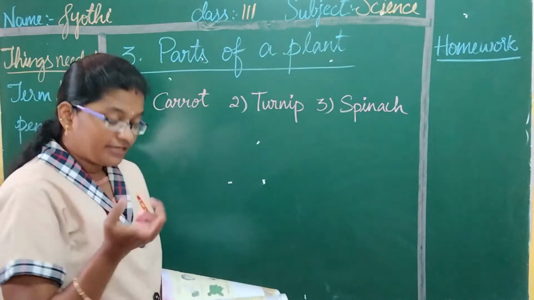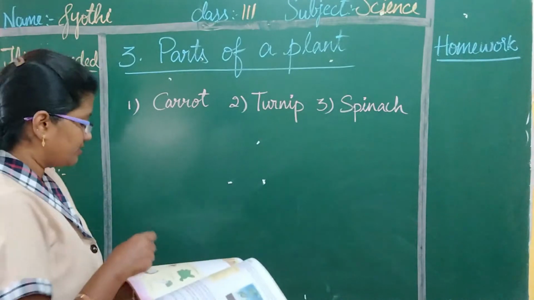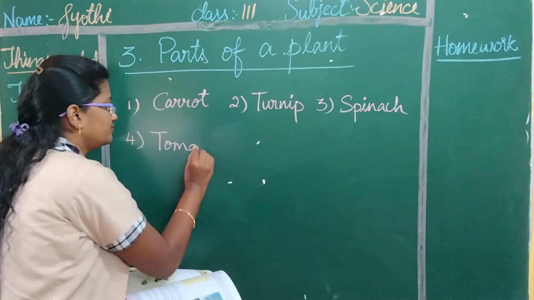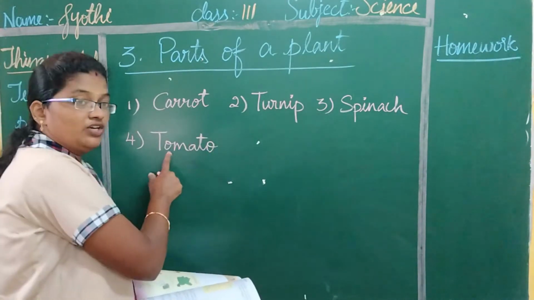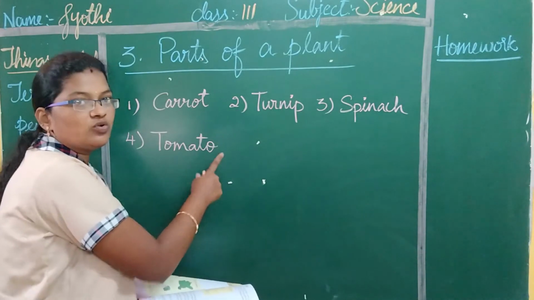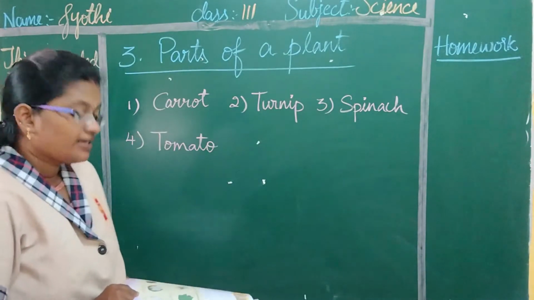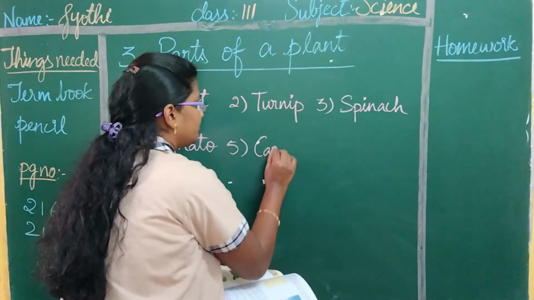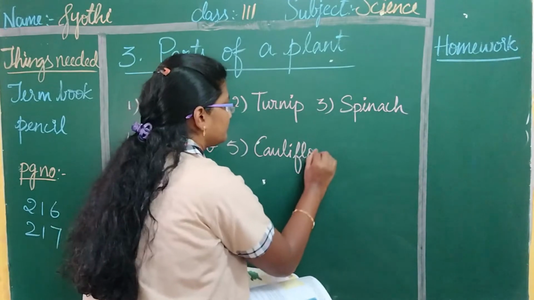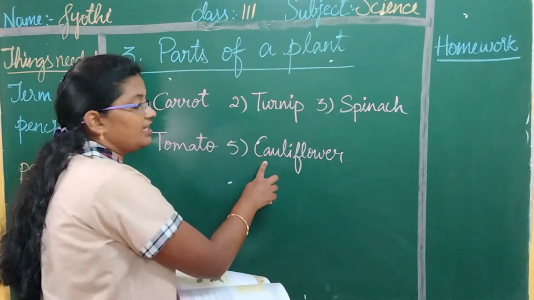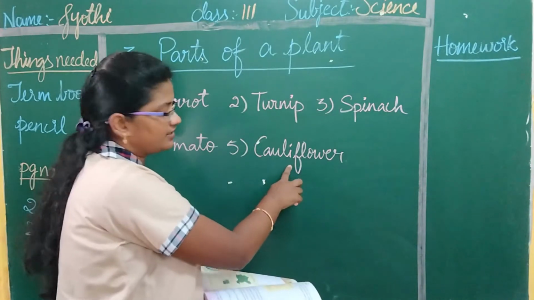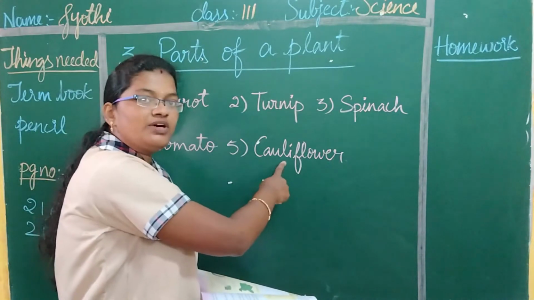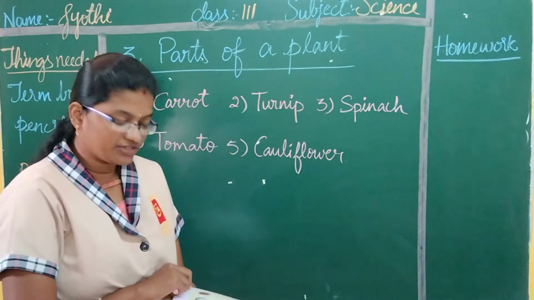S-P-I-N-A-C-H. Then below that, again you have another 3 pictures. Yes, the next one is tomato, T-O-M-A-T-O, tomato. And the next one, the fifth one, is cauliflower, C-A-U-L-I-F-L-O-W-E-R, cauliflower.